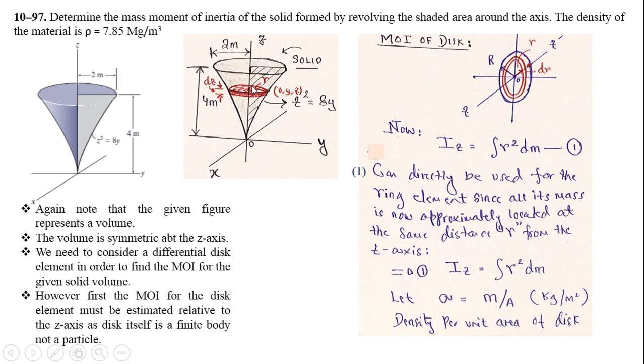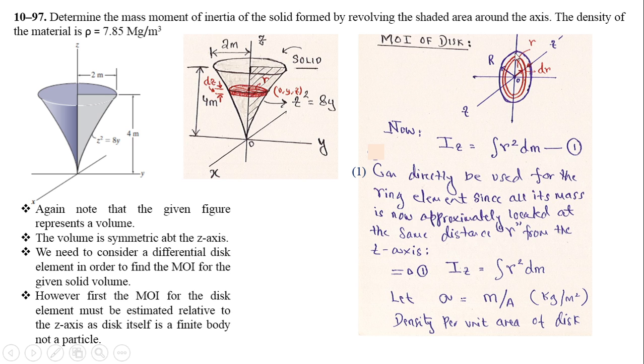So first of all, since we notice that the mass of this disk is not confined at one fixed distance measured from the z-axis, but is distributed, we have to first establish the formula for the moment of inertia of this disk measured from the z-axis.